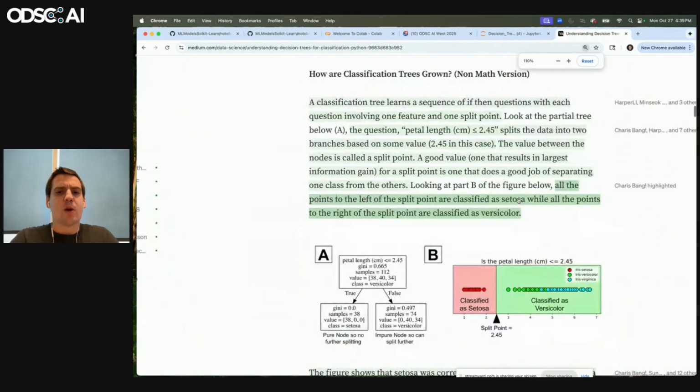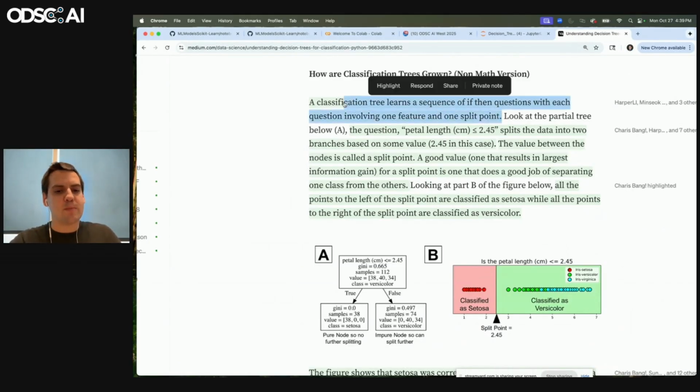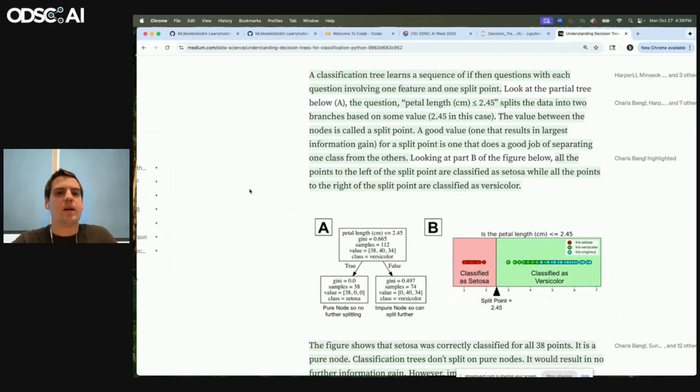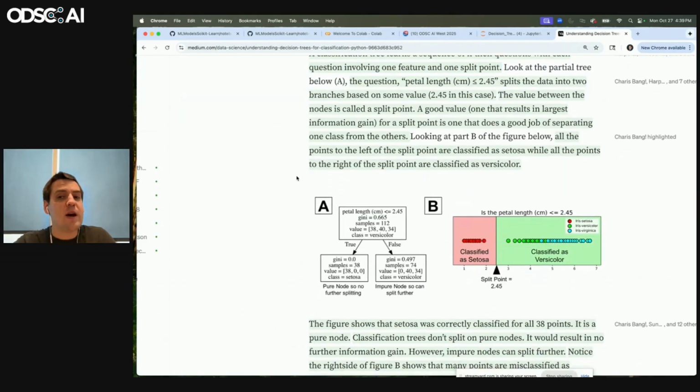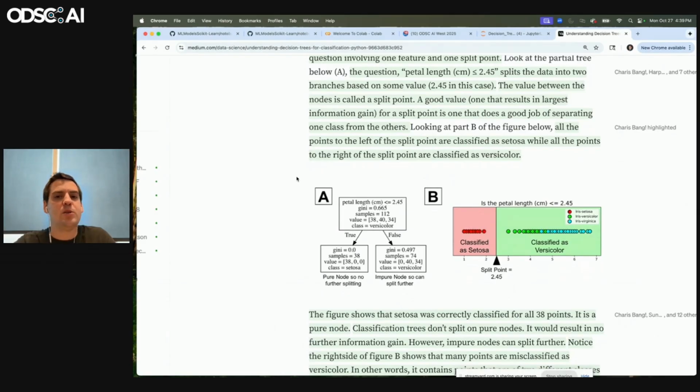The way these things are grown is decision trees essentially learn a sequence of if-then questions, with each question involving one feature and one split point. The model first starts with a question like petal length less than or equal to 2.45, and it'll split into two branches. The way these models choose a split point is that a good value is one that results in the largest information gain.